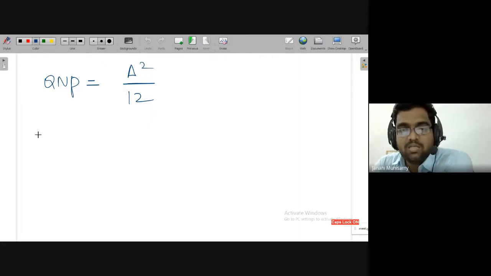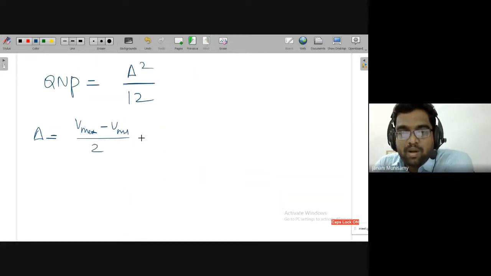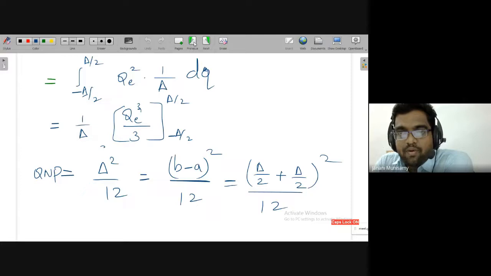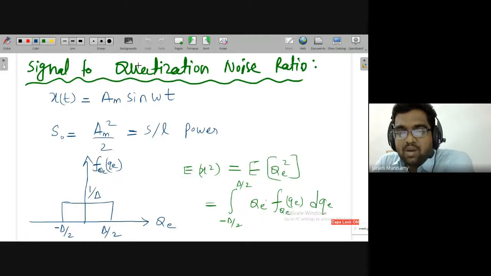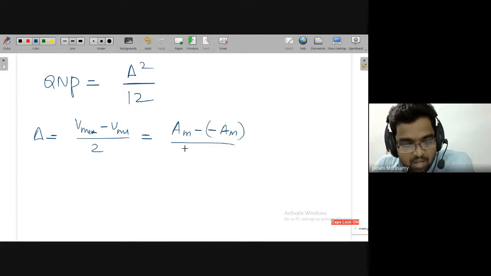So step size del I have defined in terms of dynamic range, that is V max minus V minimum divided by the number of levels. For the given sinusoidal signal, what is the maximum value? Am. Am is the maximum value, and the minimum value is minus Am, divided by, it is not 2, that is the number of levels. Again, the number of levels is 2 power n.